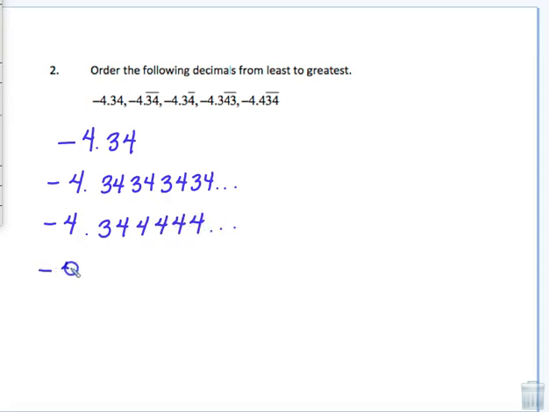And then I have -4, 343 thousandths with the 43 repeating. And then finally -4, 434 with the 34 repeating.